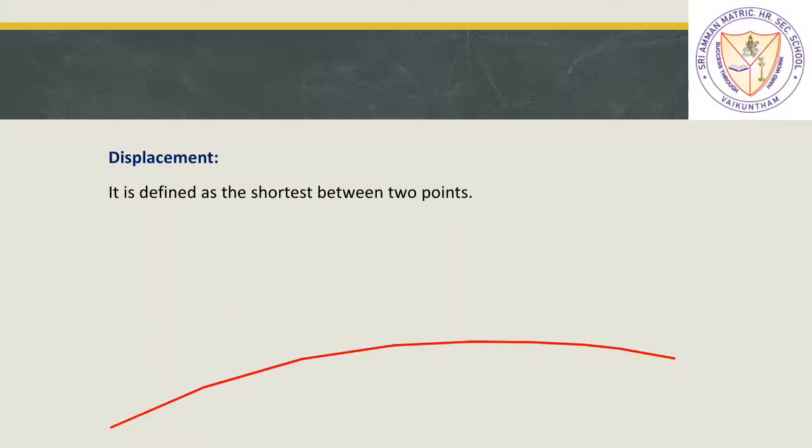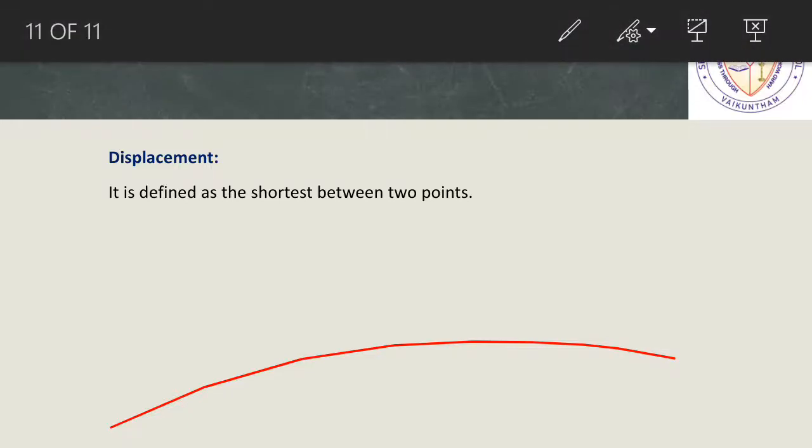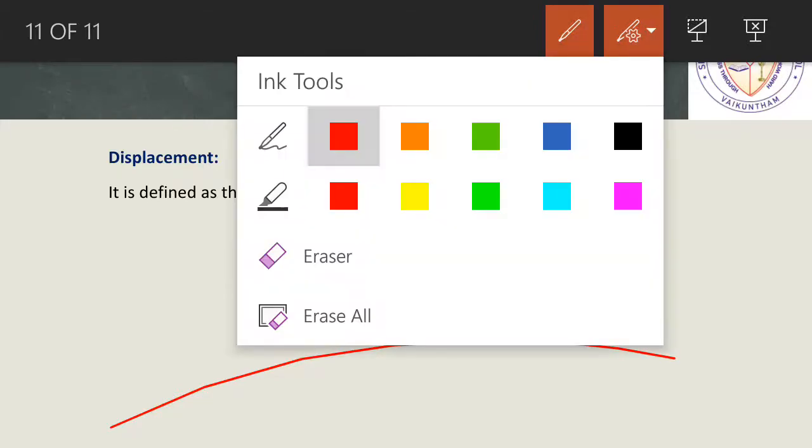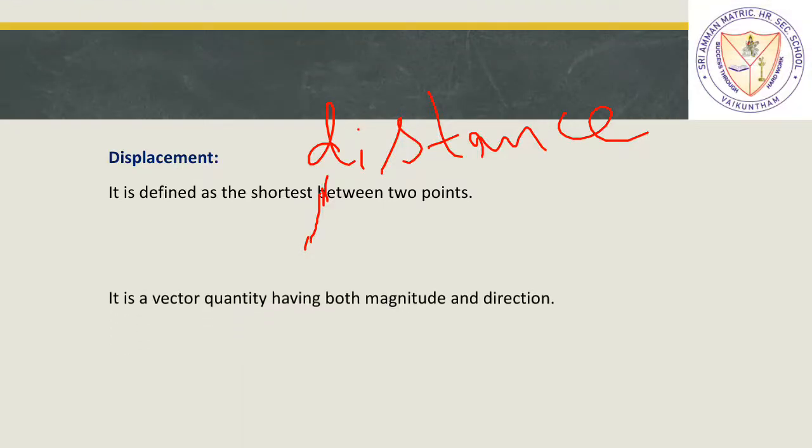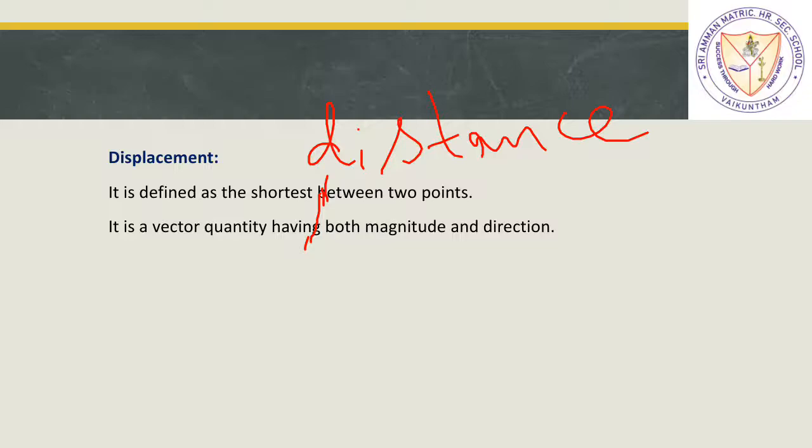It is defined as the shortest distance between two points. Okay, here the shortest distance between two points. It's a vector quantity having both magnitude and direction.